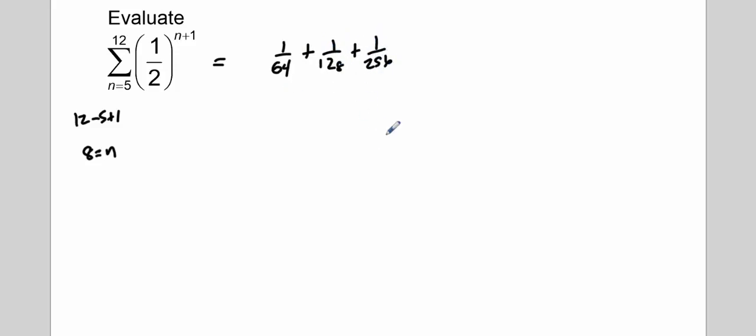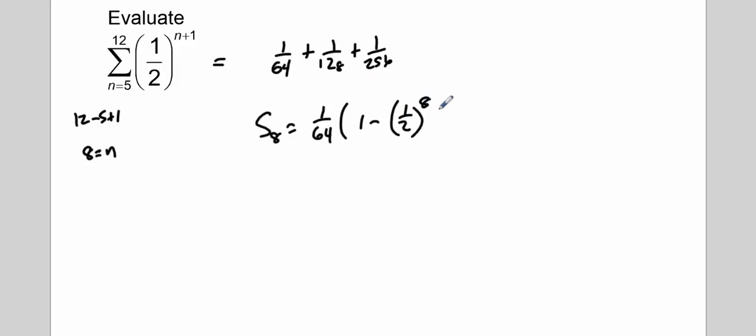We could do this by hand, but we're going to do it in a formula real quick. And we'll just plug this in. Again, it really doesn't matter. I think we can plug into the S sub 8 is equal to A1, which is 1 over 64 times 1 minus the ratio, which is a half, to the n.